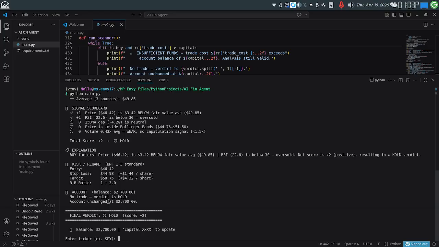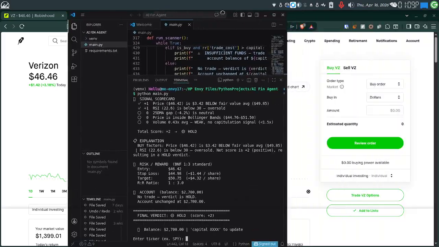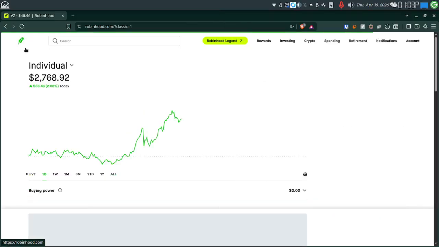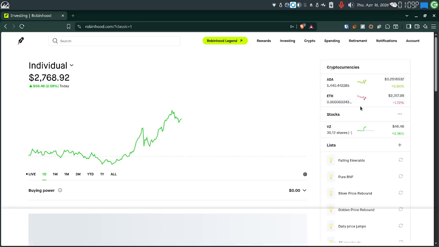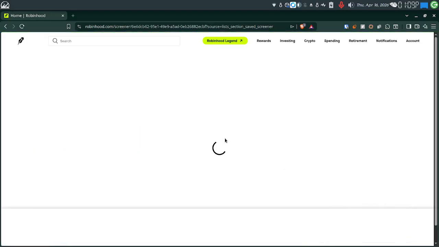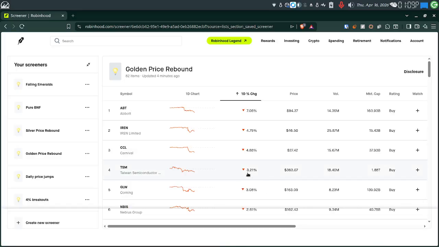I'm going to show you what it shows if I have a buy rating. How I do that is I go to my screener here. Things take a bit to load. So here's the screener that I've been using to find my next trade.